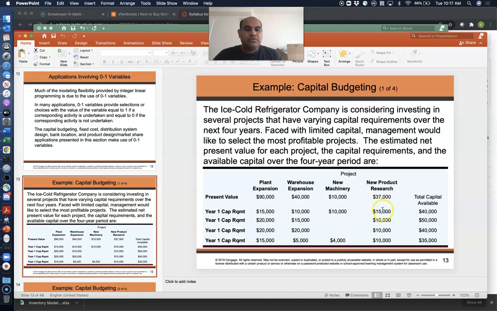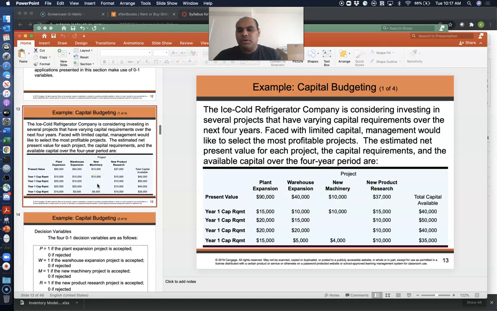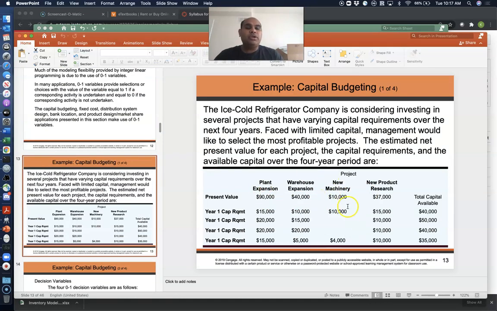For new product research, $15,000 first year, then $10,000, $10,000, and $10,000. These are the net present values of the projects, and this is the total capital that is available to you for those 4 projects. Now, let's see how we are going to formulate this problem.